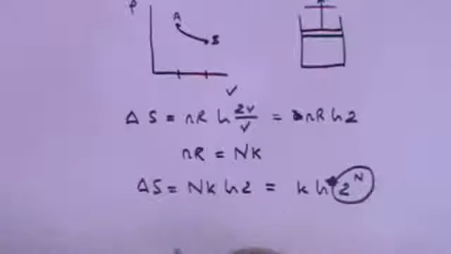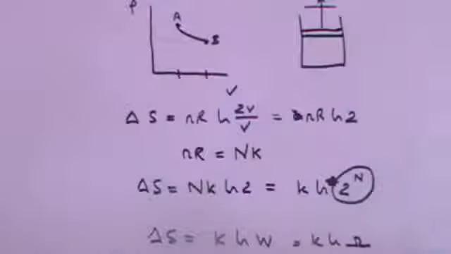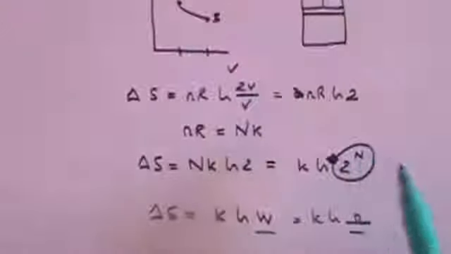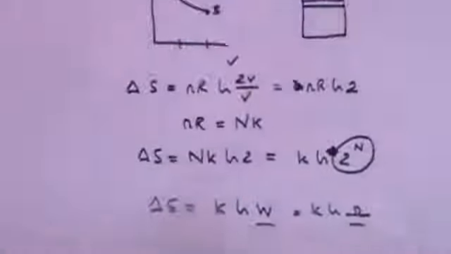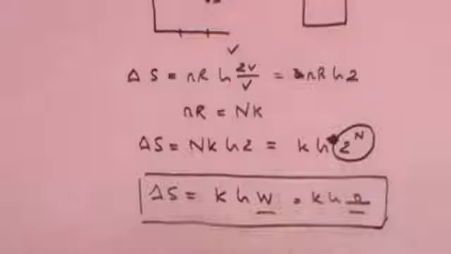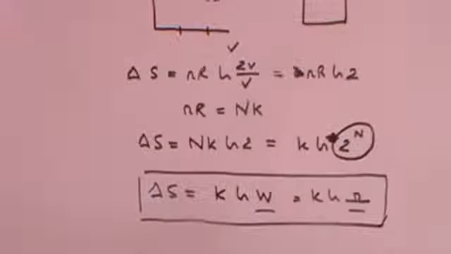And that gives rise to a famous formula, delta S is K log W, or you'll sometimes see it written K log omega, where W or omega is essentially 2 to the power N, the number of microstates in the system. This is known as Boltzmann's formula. He was very proud of that formula, and it is in fact carved on his tombstone.